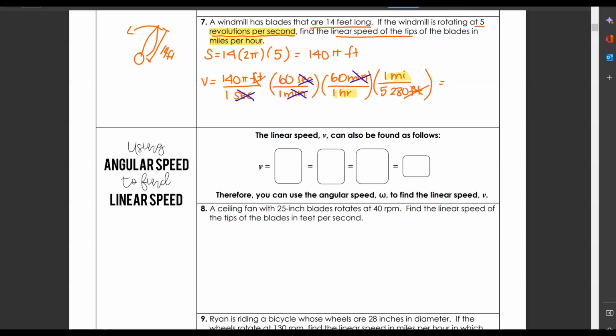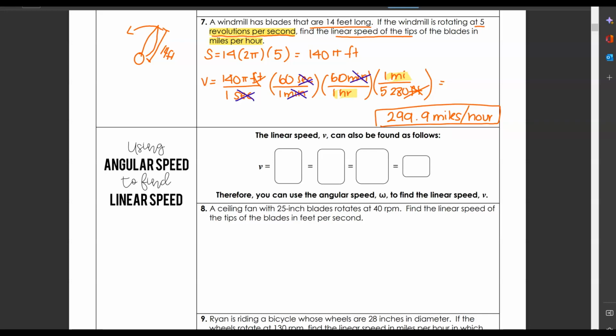So when we do this calculation, let's plug this into our calculators. We would get approximately 299.9 miles per hour. All right, hopefully that's all making sense.